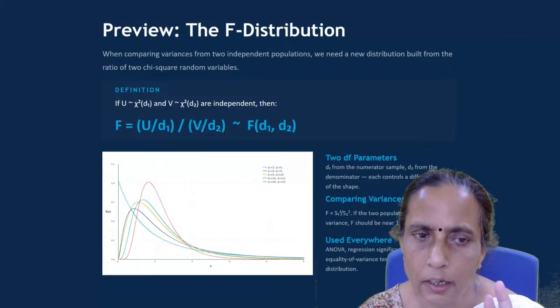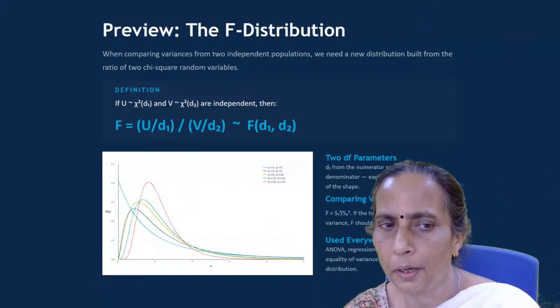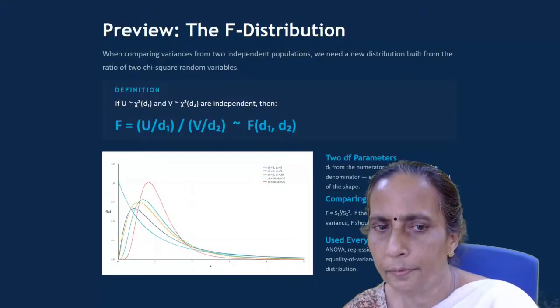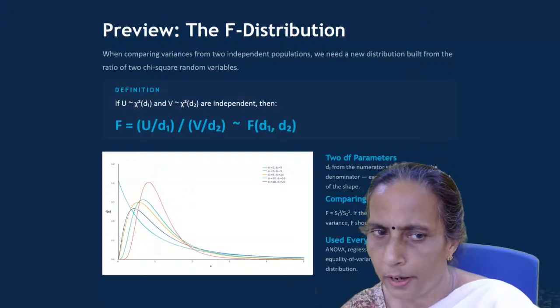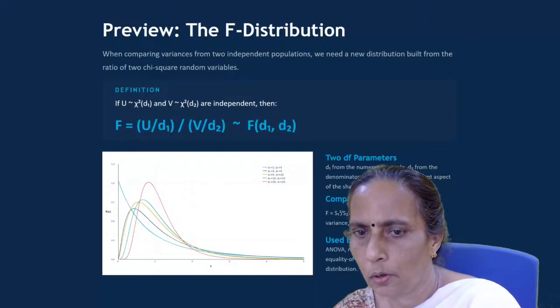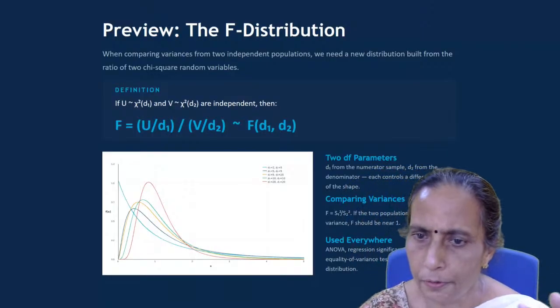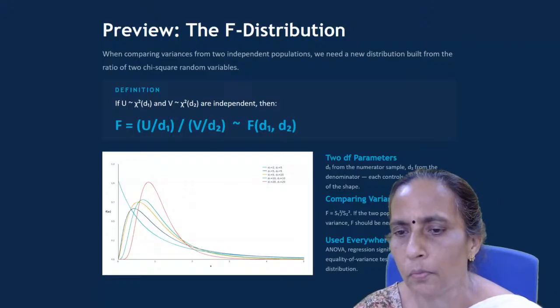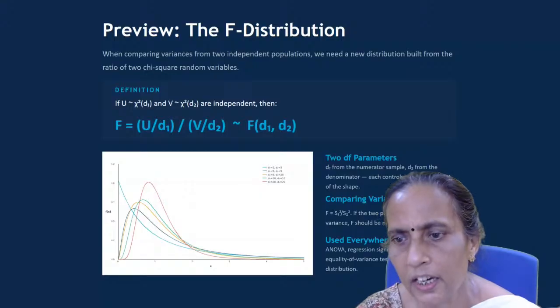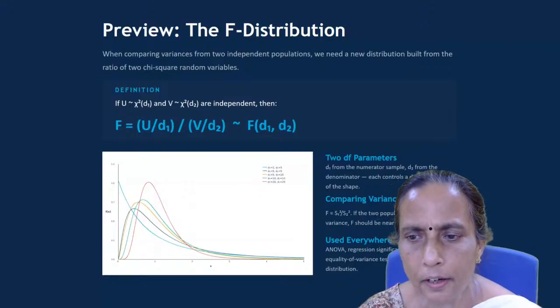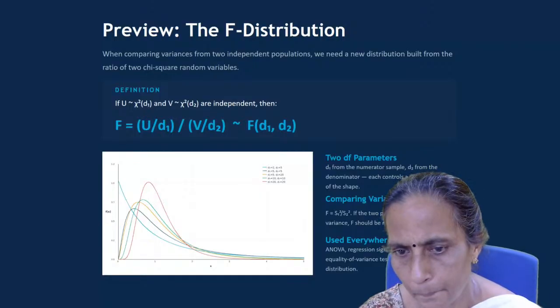They are independent, then your F will be (U by d1) divided by (V by d2). So there are two degrees of freedom parameters, d1 from the numerator sample and d2 from the denominator sample, each controlling a different aspect.